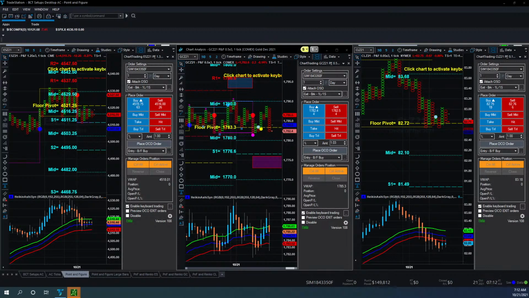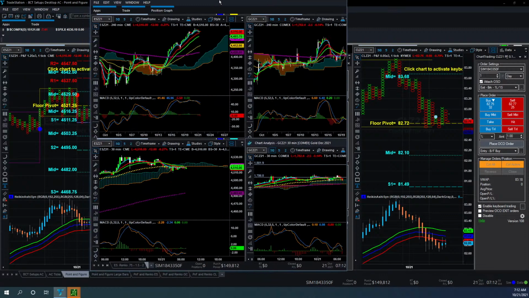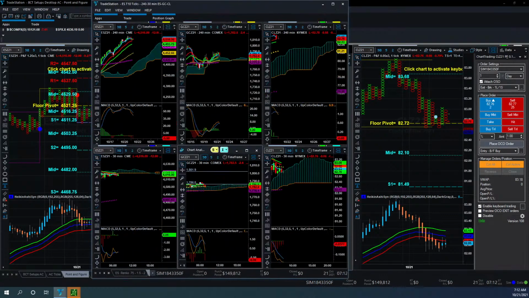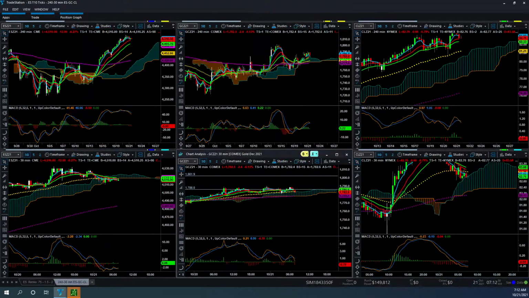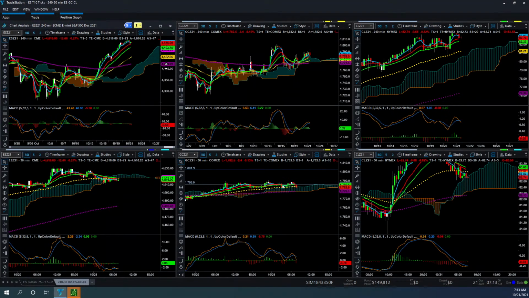Let's now review the 240 and the 30 minutes. ES on the 240 is looking bullish, a little bit toppy though. Momentum is down, so we could have a retracement.